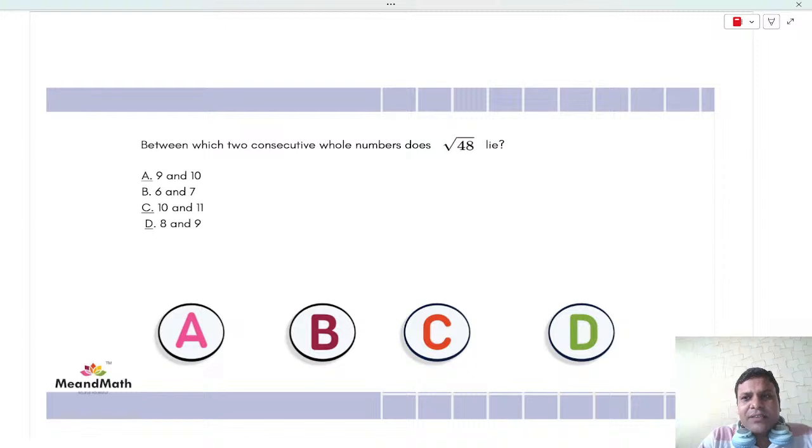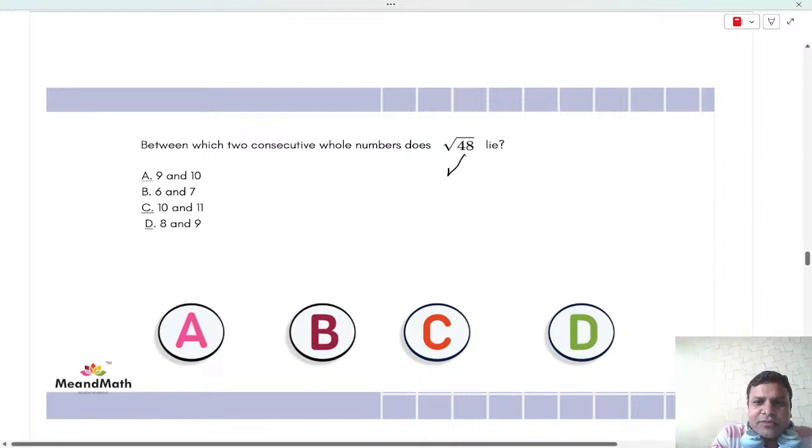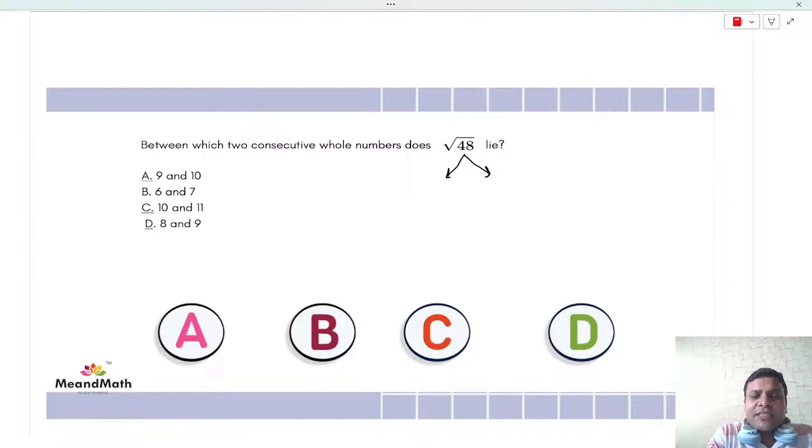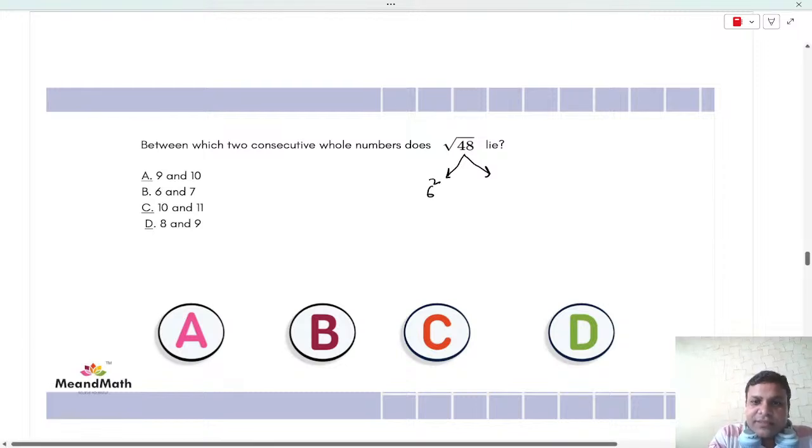So this is a very easy question, not a difficult one. In this type of question, always look at the boundary perfect square numbers. Just below 48, which is a perfect square number? 6 square, 36.